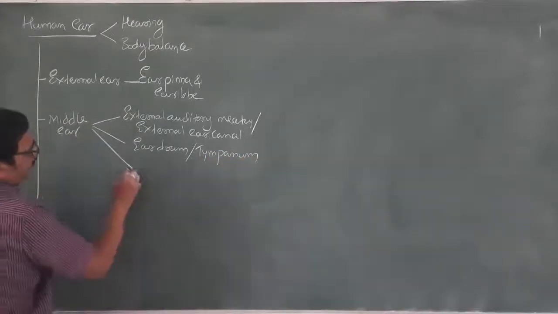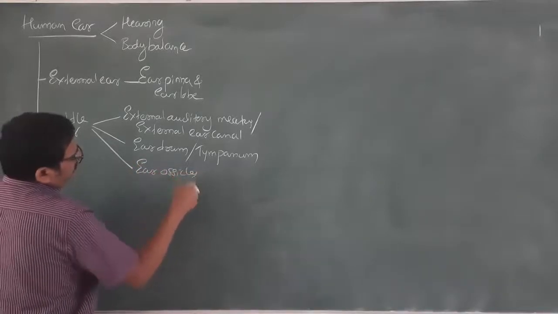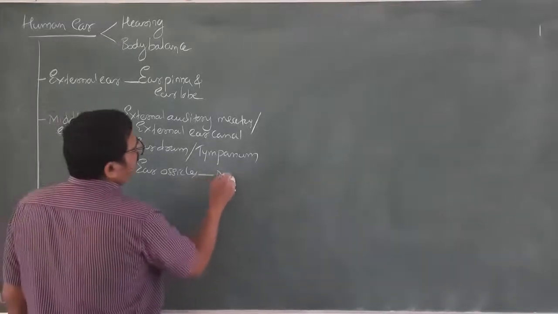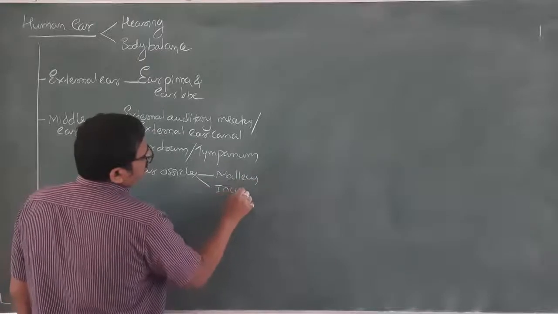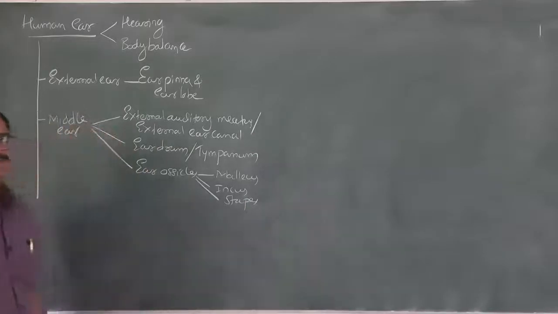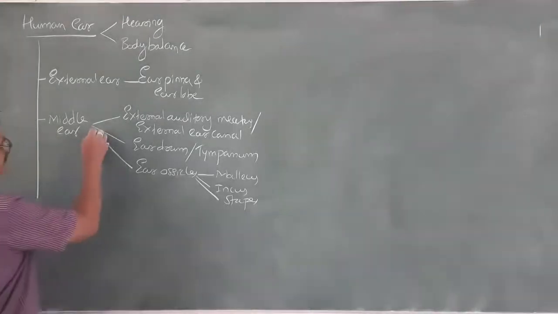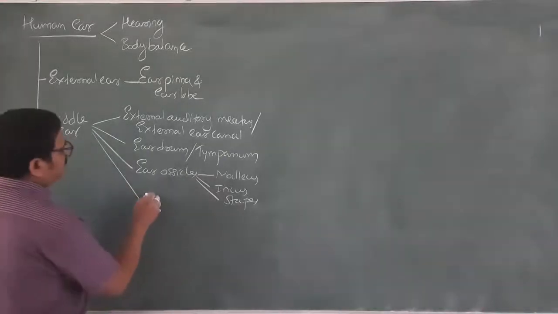Then we find the ear ossicles. Ear ossicles are three tiny bone structures. They are malleus, incus, and stapes. Then in the middle ear we find one more important part called the Eustachian canal.